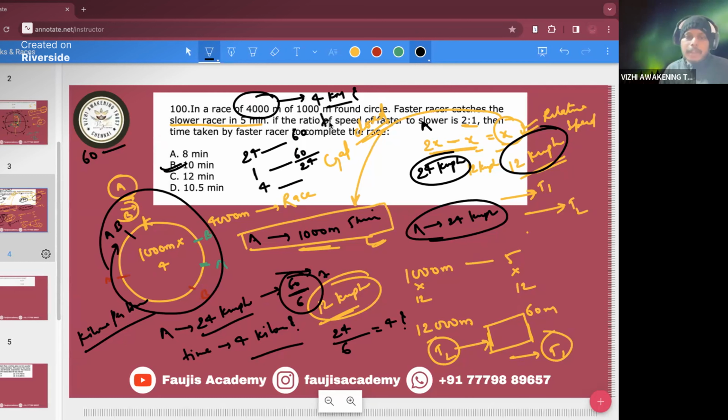This is your time. Time will increase because the distance is also increasing. And if the distance increases, we have to decide on multiplication or division. Increase means multiplication. Decrease means division. Remember it. It will pay you dividends like nothing else.